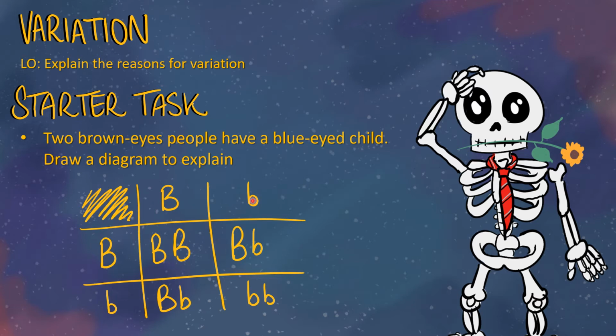So we know that they both have to have heterozygous genes. So we have BB here, lowercase b, which means that that child has blue eyes. So they have a 25% chance that their child will have blue eyes.